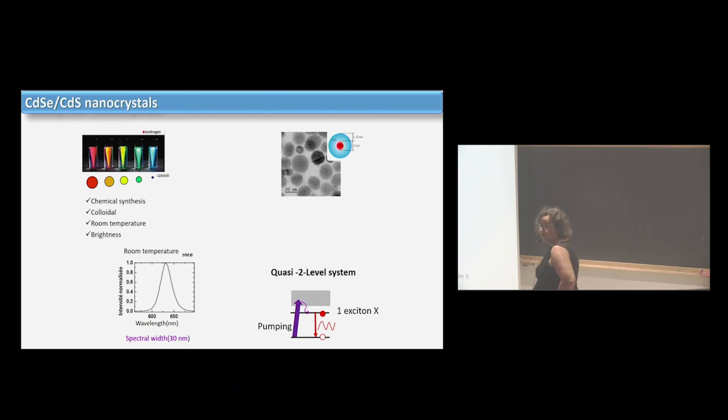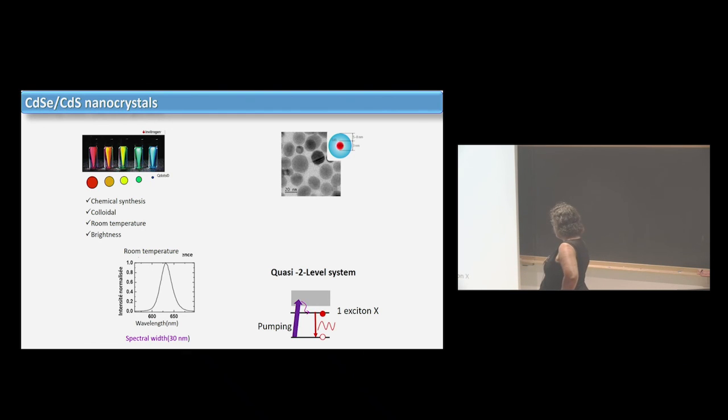They work at room temperature and they are very bright. The spectrum is quite large compared to epitaxial quantum dots, but not so large if you consider colloids, so 20, 30 nanometers.